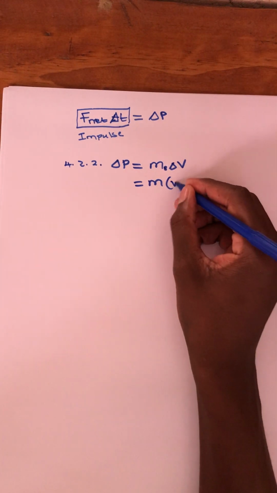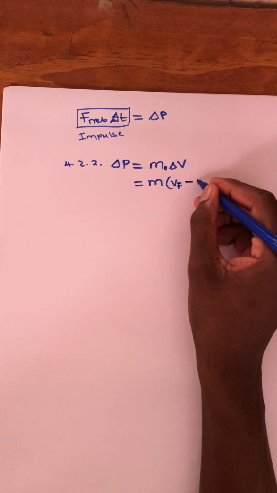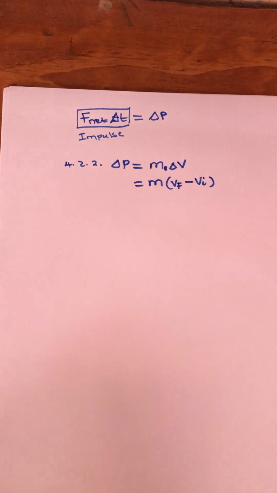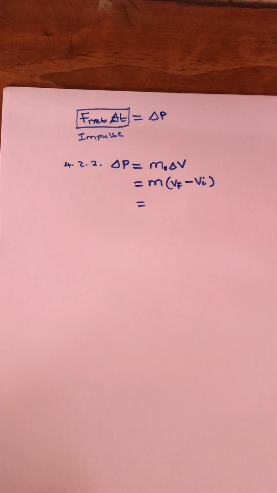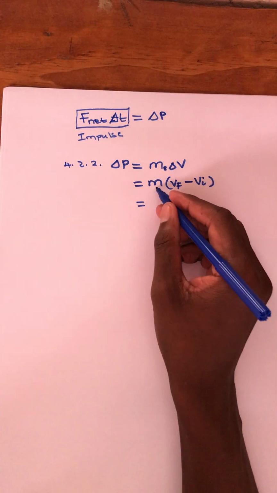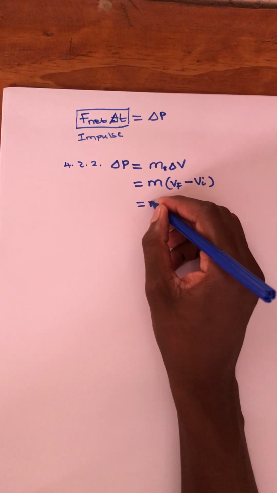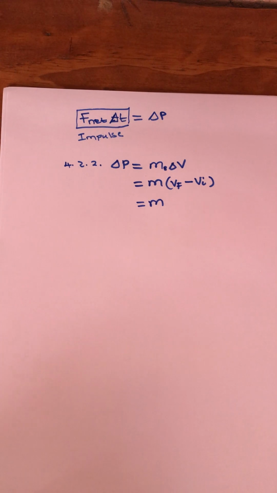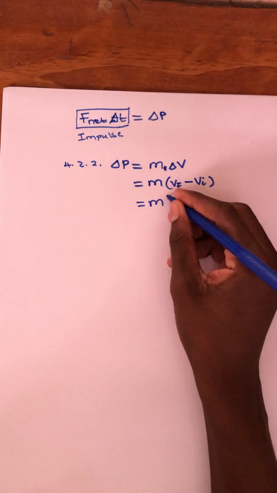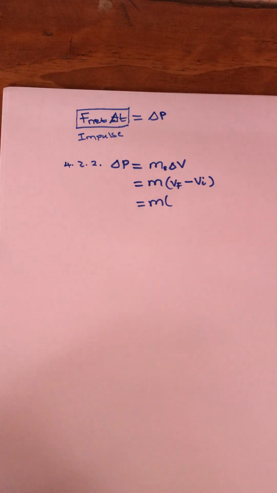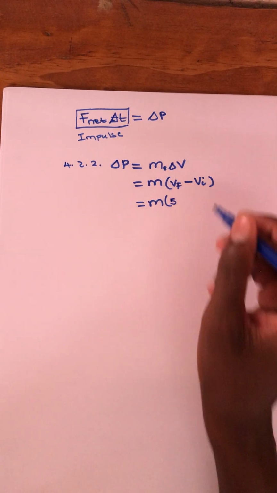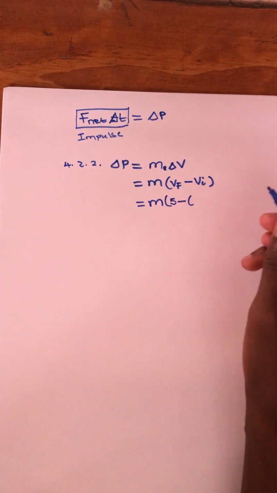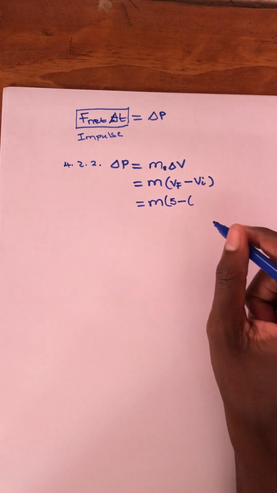So we have the final velocity minus the initial velocity. Now what is m? m is the mass of car B, which we were given as m. The final velocity was 5, minus the initial velocity.